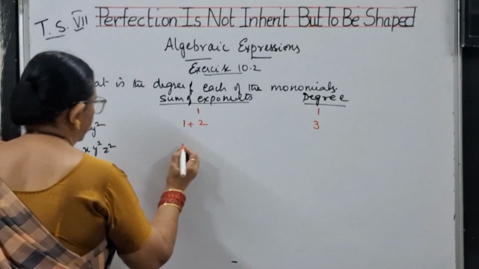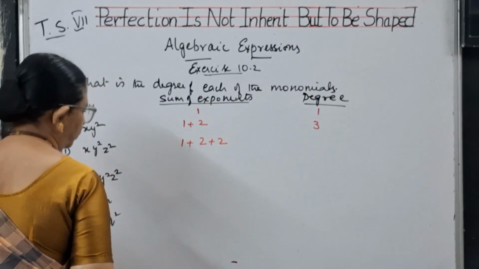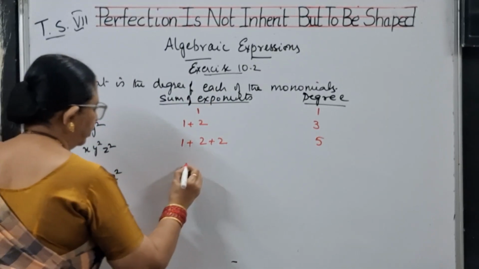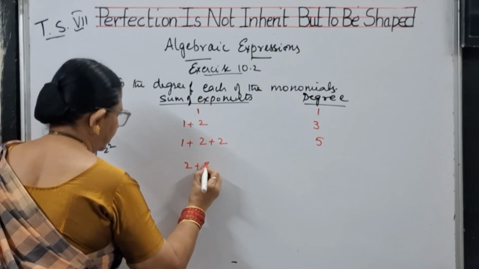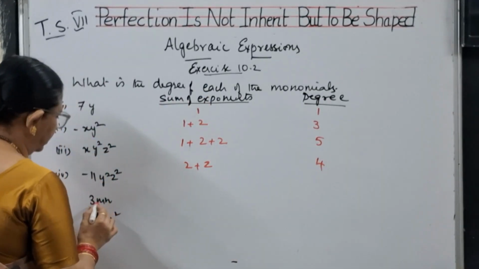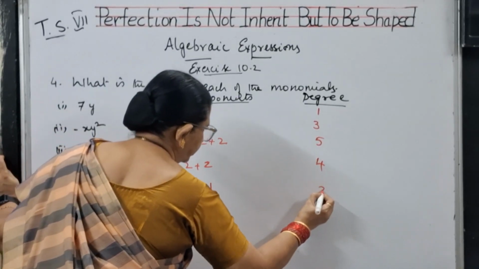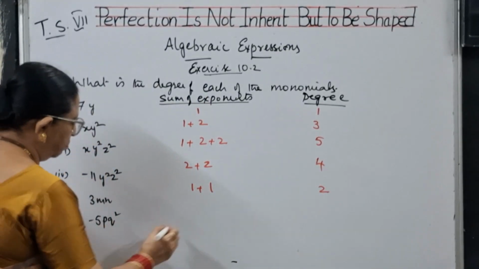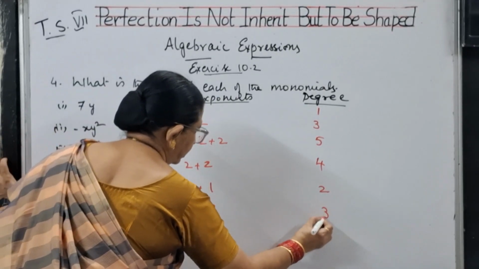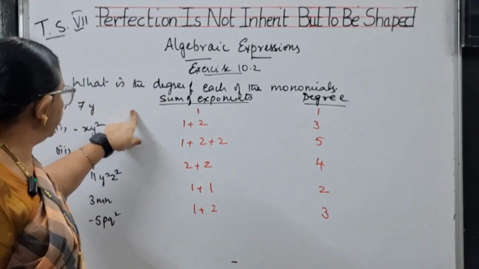And here you have got x as 1 plus y as 2 plus z as 2. So total how much you are having? 5. And here y is having 2 plus z is having 2. So total 4. And here m is having 1 plus n is having 1. That means 2. Here p is having 1 plus q is having 2. That is 3. So these are all the answers for this problem, children.